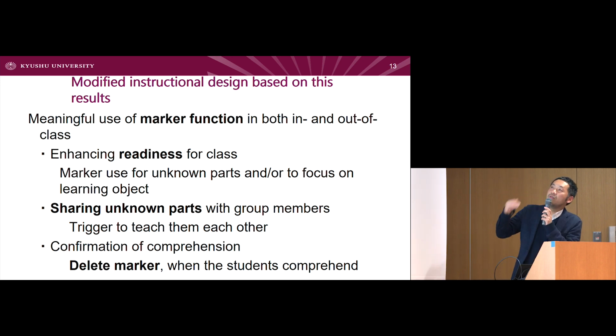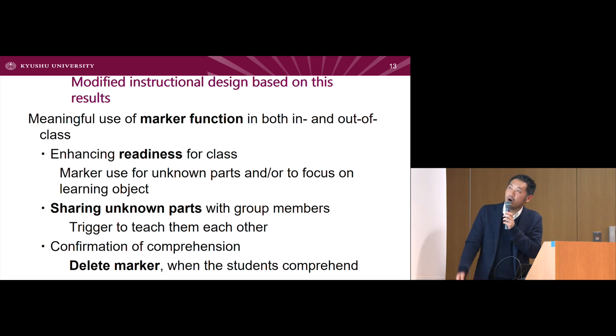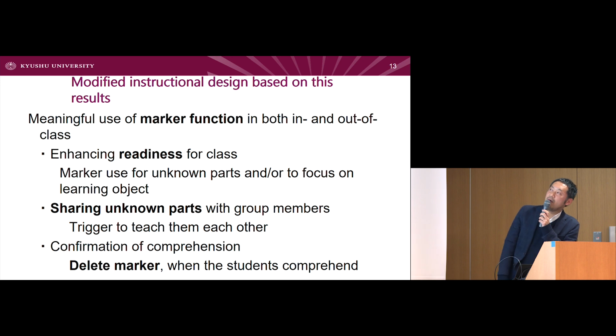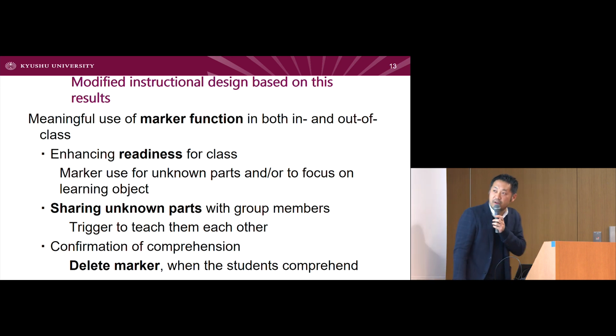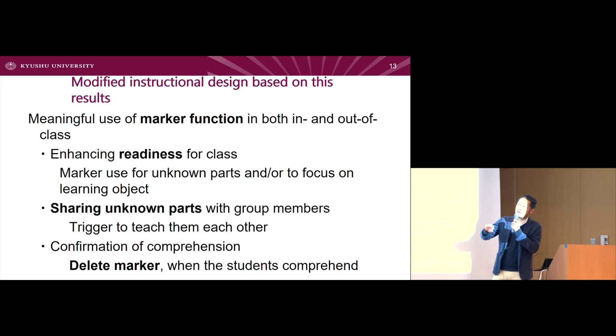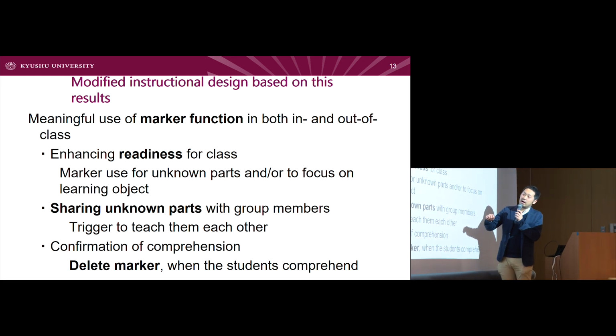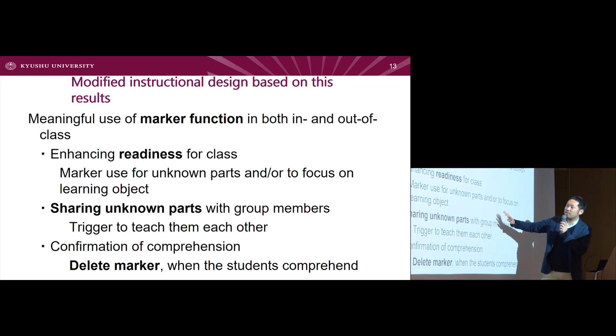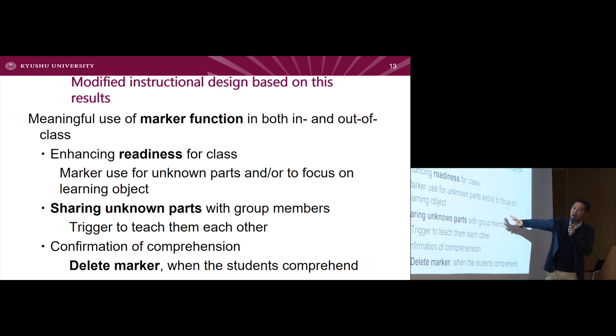We decided to use the marker function of BookRoll more, for example, meaningful use of the marker function both in and out of class. For example, the teacher asked students to use the marker before the class in order to enhance readiness for the class.